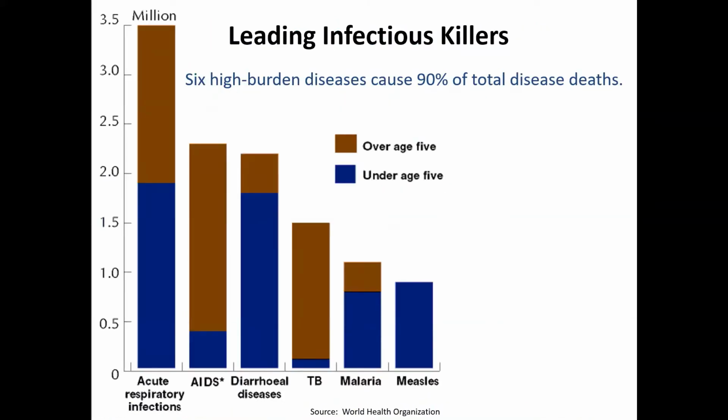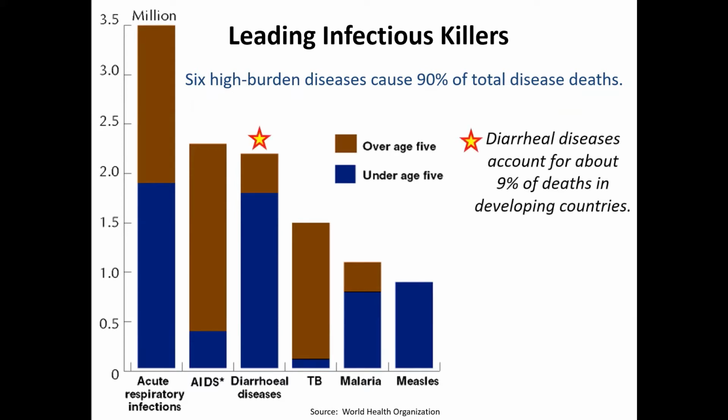So if we look at infectious diseases, talking about the globe, you can see right there, number 3 on the list is diarrheal diseases, right? Interesting list though, because these are things we're not necessarily dealing with all the time in Canada. Certainly people do get AIDS in Canada.